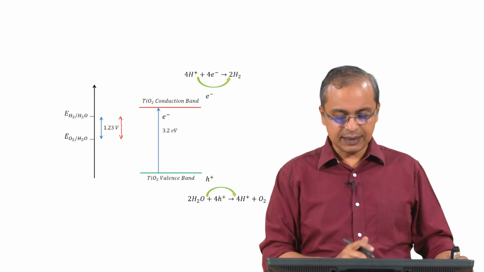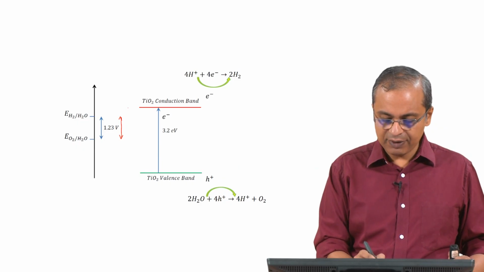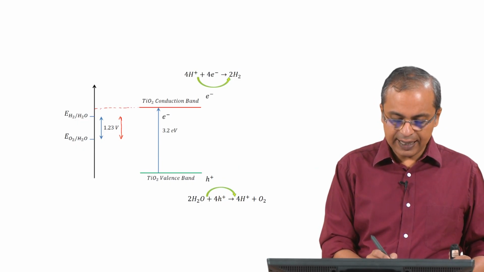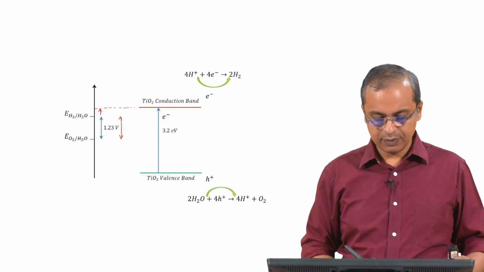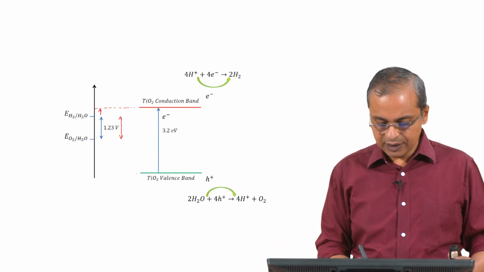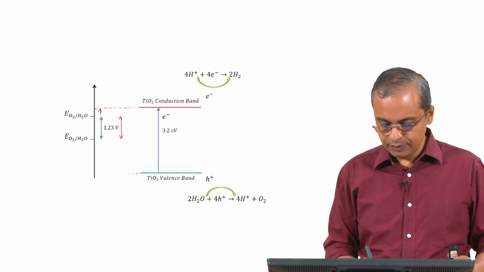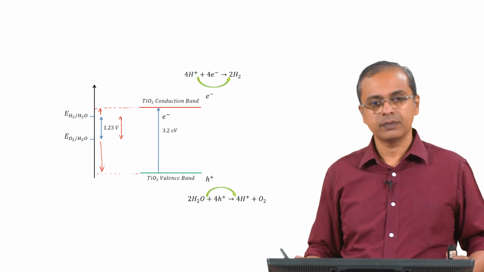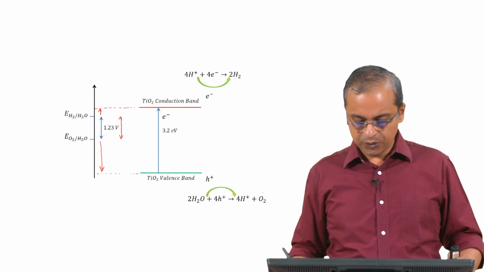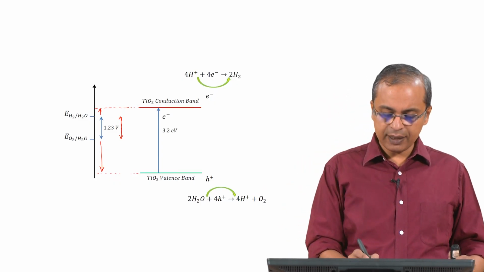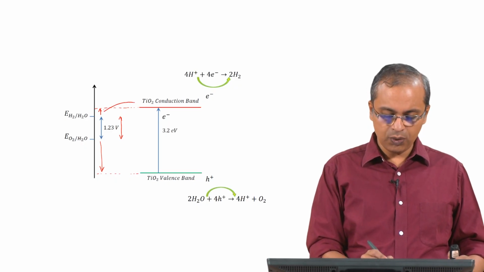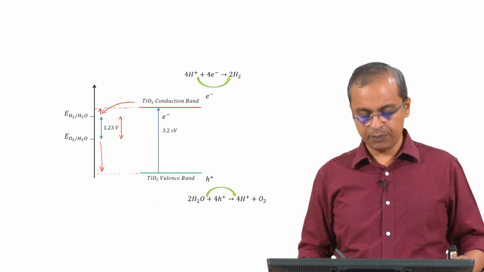The way that is matched is that whatever the conduction band level is, that should be higher than this, and whatever the valence band level is should be here. Only if you have this situation will the electrons that are sitting up in this conduction band go and do this reduction process.